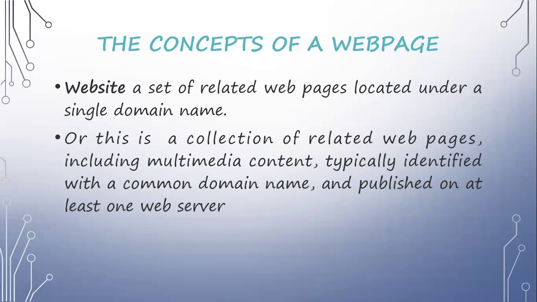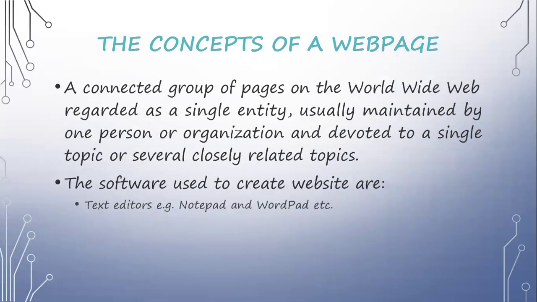So this is the other meaning of a website. Hope that's clear. Now, a connected group of pages on the World Wide Web, regarded as a single entity, is usually maintained by one person or organization and devoted to a single topic or several closely related topics. So that's all about the website.